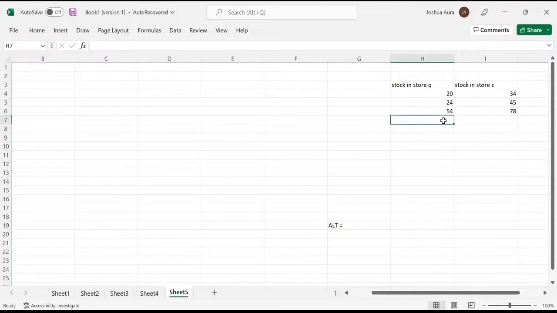Once it's inside, I don't have to press equals; I'll simply say Alt equals. You hold on to the Alt. Don't have your finger leaving the Alt. Once you hold the Alt, hold on to it permanently until you press equals. And then you enter.